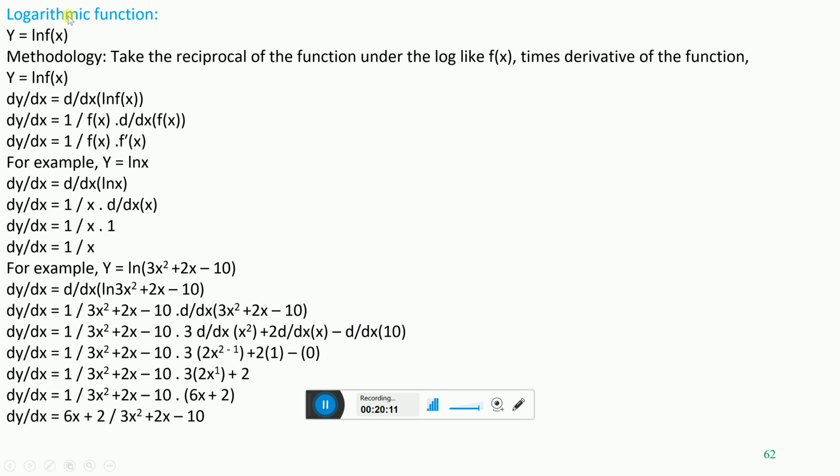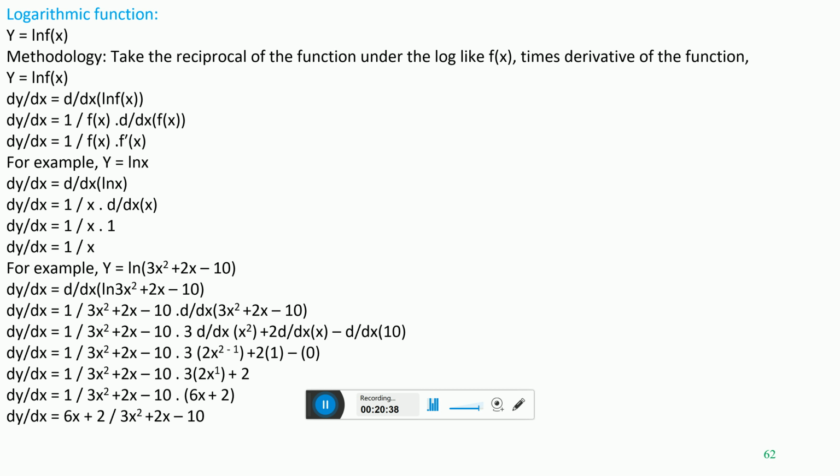Now logarithmic functions, those functions which carry log, natural log, like for example y is equal to ln f of x, where ln is the symbol of the natural log and f of x is the given function under the log. So what is the methodology to find the derivative of those functions which carry log?